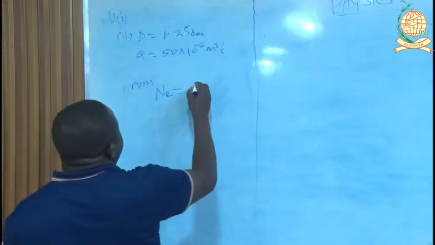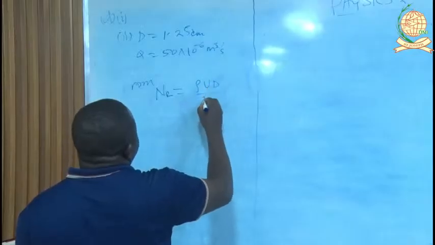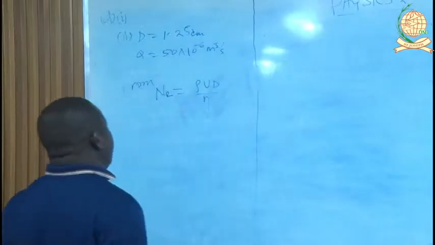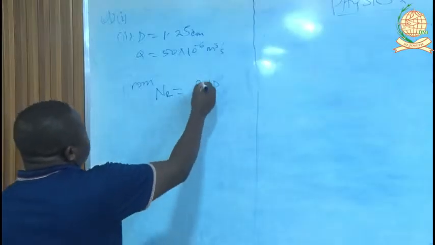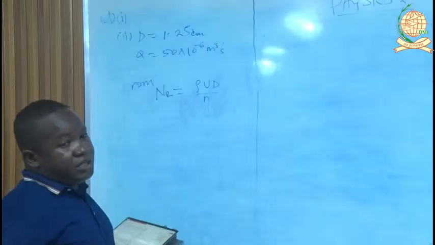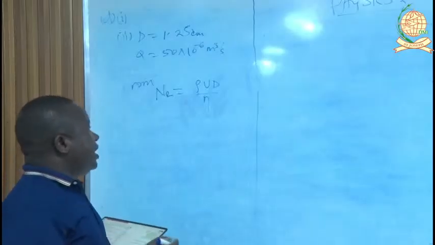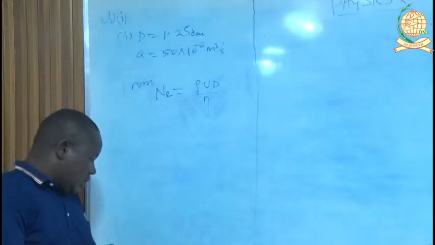Reynolds number equals density times velocity times diameter divided by viscosity of the liquid. We can calculate this number, and from it conclude whether the flow is turbulent or streamline.